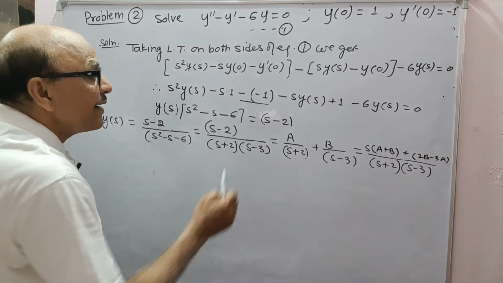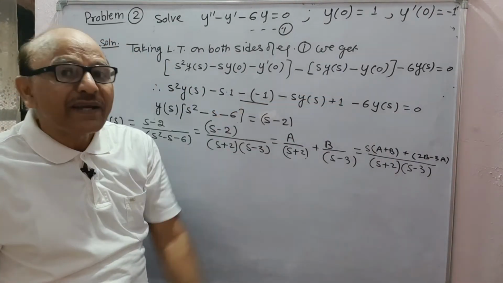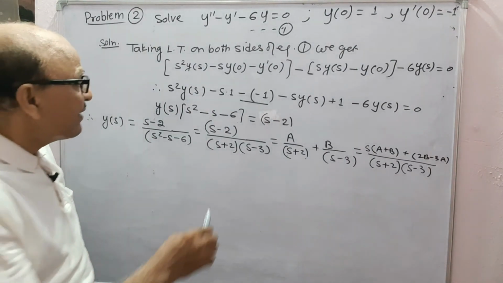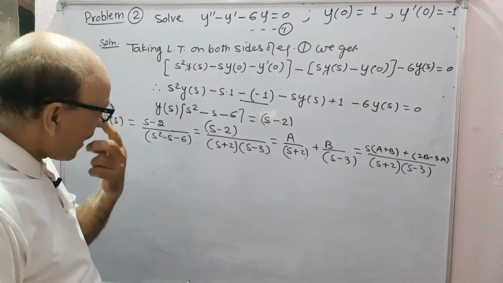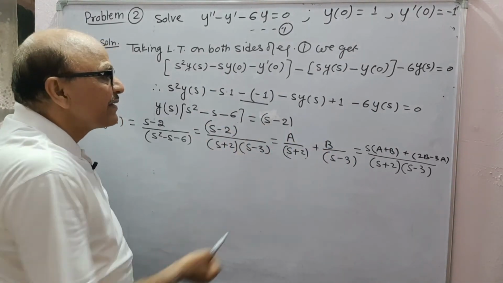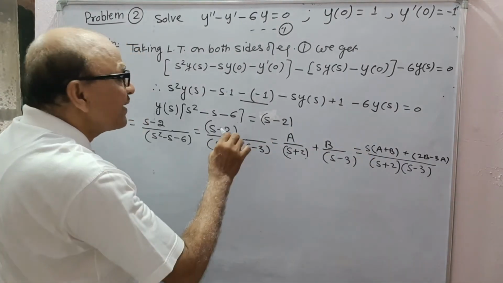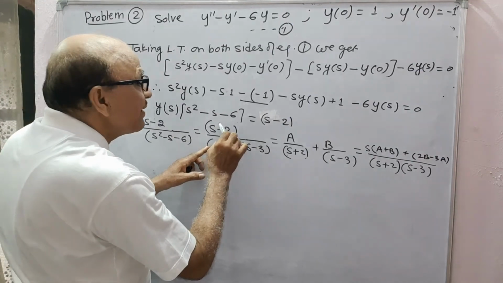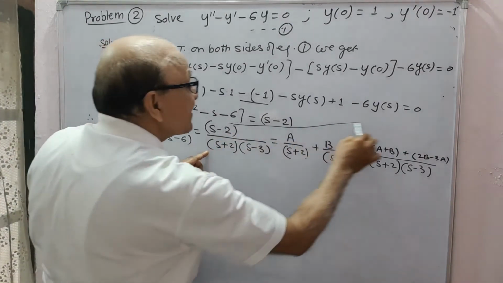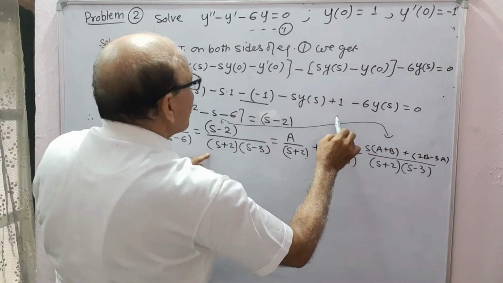Now s, as you know, is a parameter which may be real or complex. Therefore we must have the coefficients of complex terms equated and coefficients of real terms equated. Suppose this is equation 2.